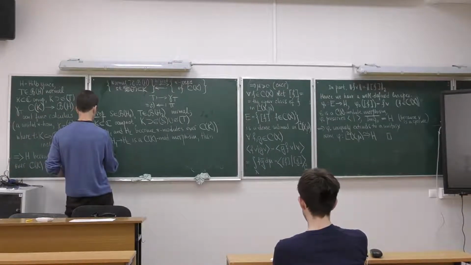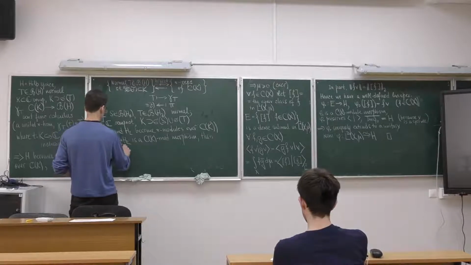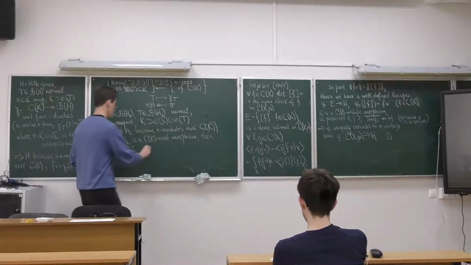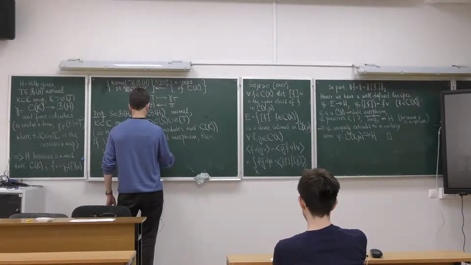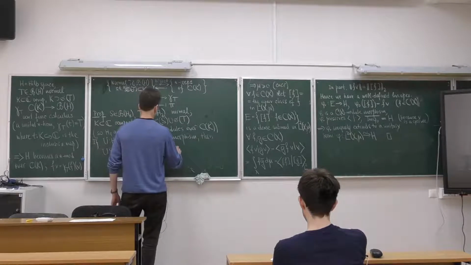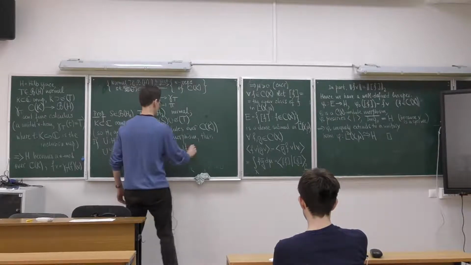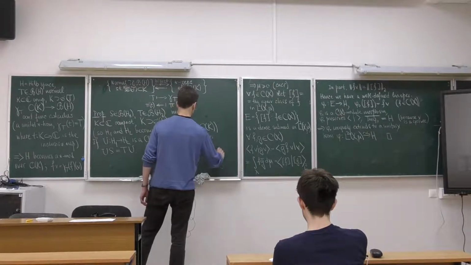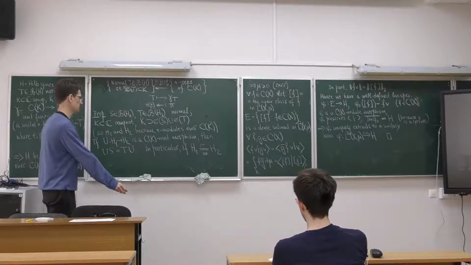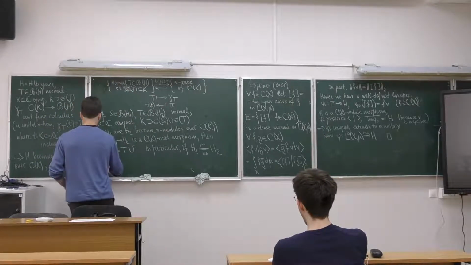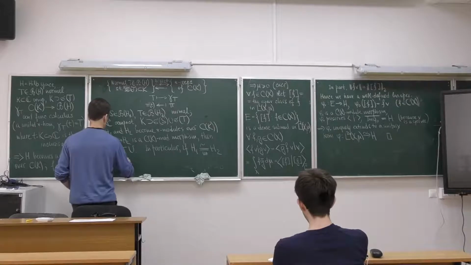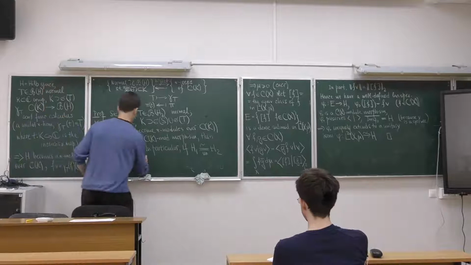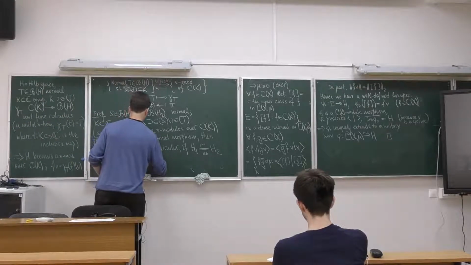U S equals T U. In particular, we see that if H1 and H2 are unitarily isomorphic as star modules over C of K, then the operators S and T are unitarily equivalent.